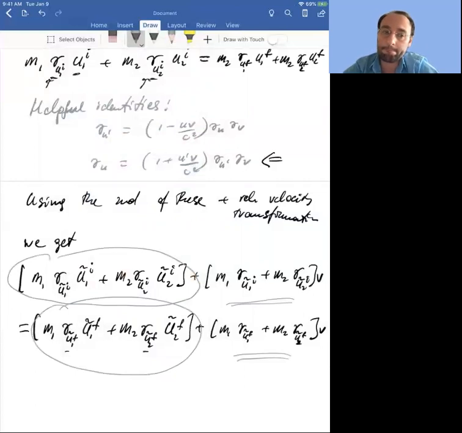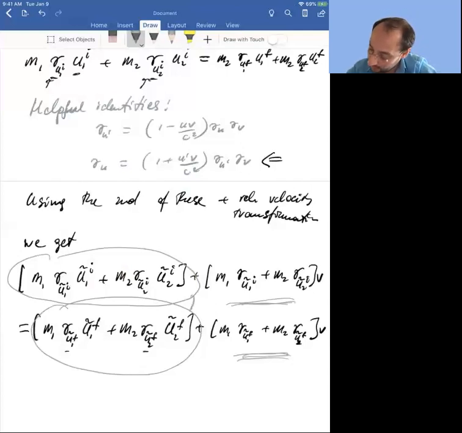Not unless these things are also conserved. So the momentum is conserved in the new frame only if these strange quantities are also conserved.